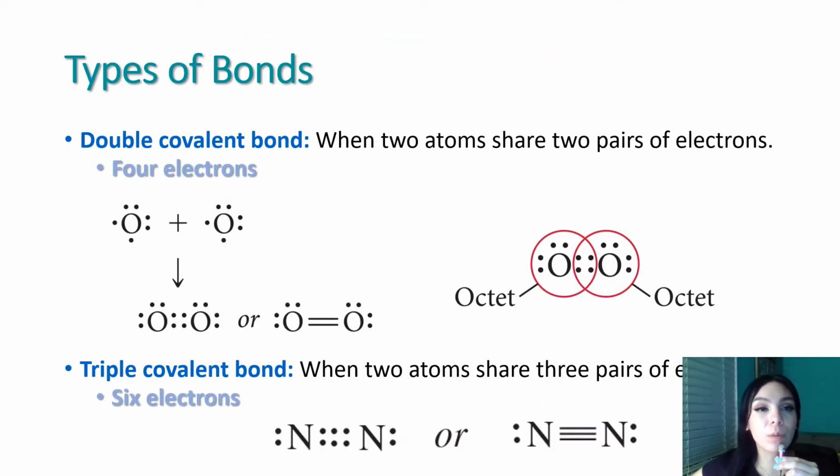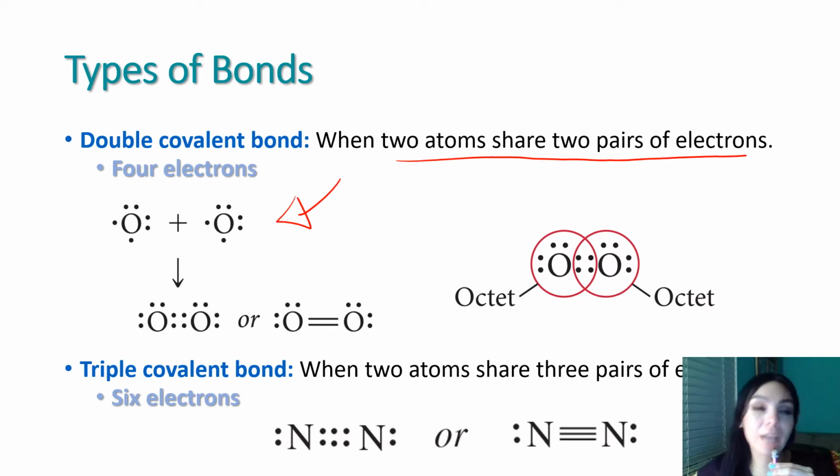So we actually have more than one type of covalent bond, more than just that single bond. We can actually observe double and triple covalent bonds. So for double covalent bonds, you will have 2 atoms that share 2 pairs of electrons. So for example, here whenever 2 oxygen atoms form an oxygen molecule, diatomic molecule, O2, this is how it actually forms.